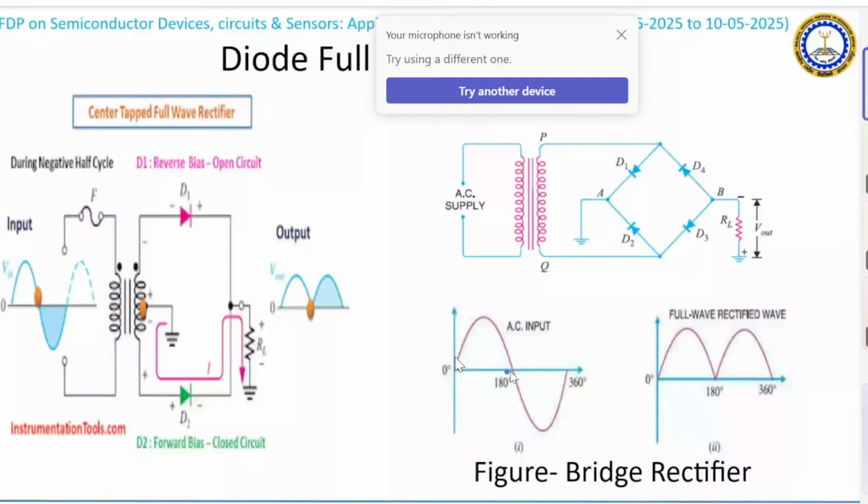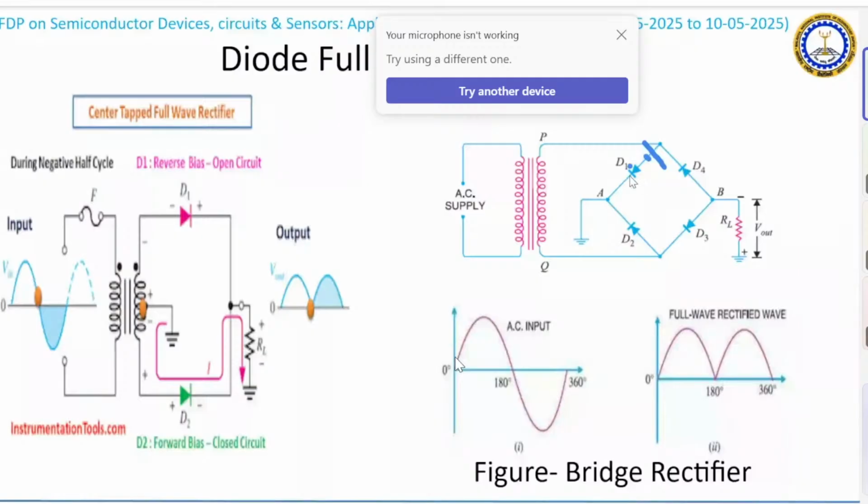The battery is going to oppose this. If I connect it in this way, negative connected to the positive of it, it means this is going to oppose, and likewise we will be doing it for all.